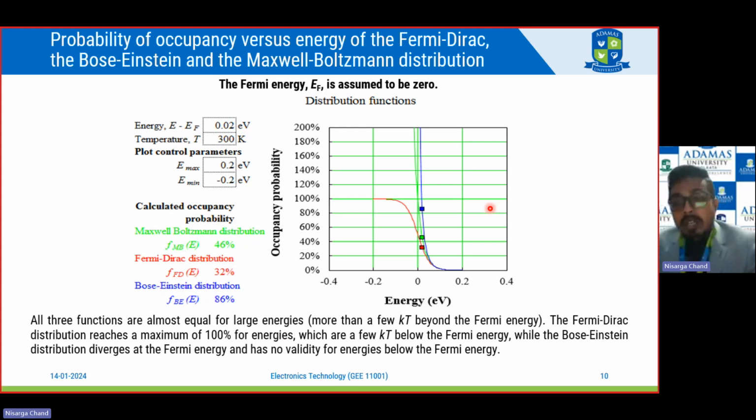Beyond the Fermi energy, the Fermi-Dirac distribution reaches a maximum of 100% for energies a few kT below the Fermi energy, while the Bose-Einstein distribution diverges at the Fermi energy and has no validity for energies below it. So that's the comparison between the three distributions, where you can see the Fermi-Dirac distribution is the best fit compared to the Bose-Einstein and the Maxwell-Boltzmann distributions.